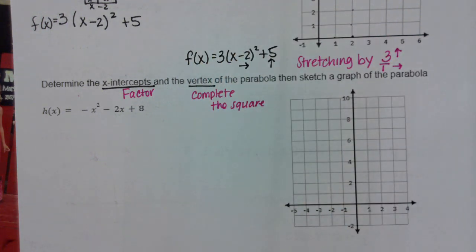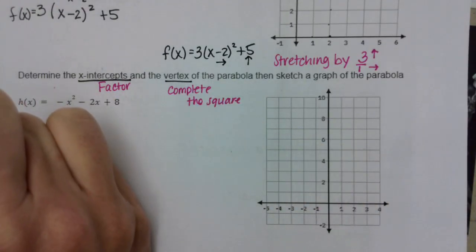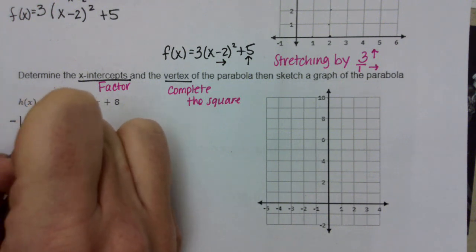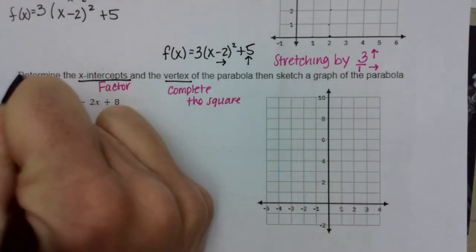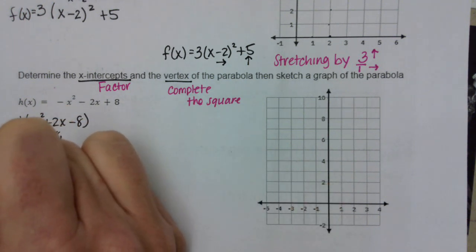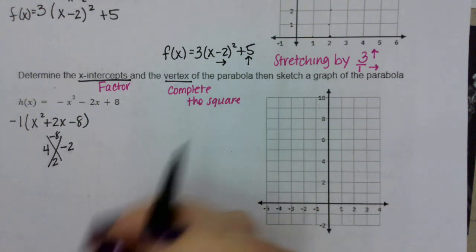Okay, so I'm going to factor this. I'm going to pull a negative 1 out so it makes it easier. So x squared plus 2x minus 8. I'm going to make my diamond. So negative 8 on top, 2 on the bottom. Two numbers that multiply to be negative 8 and add to be positive 2 are 4 and 2.